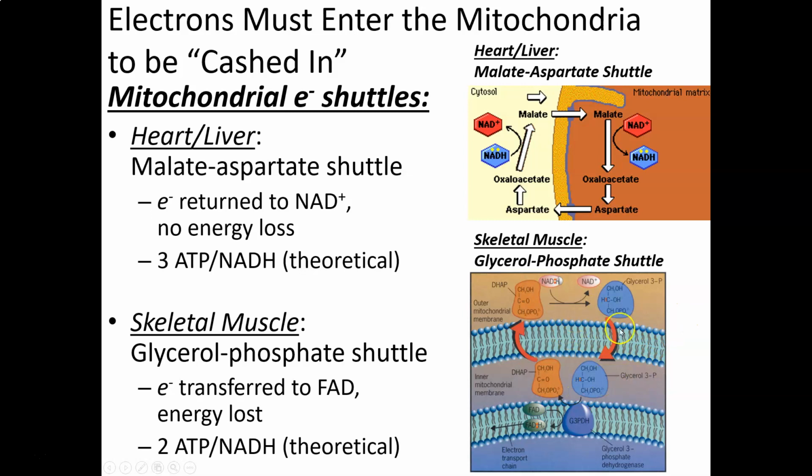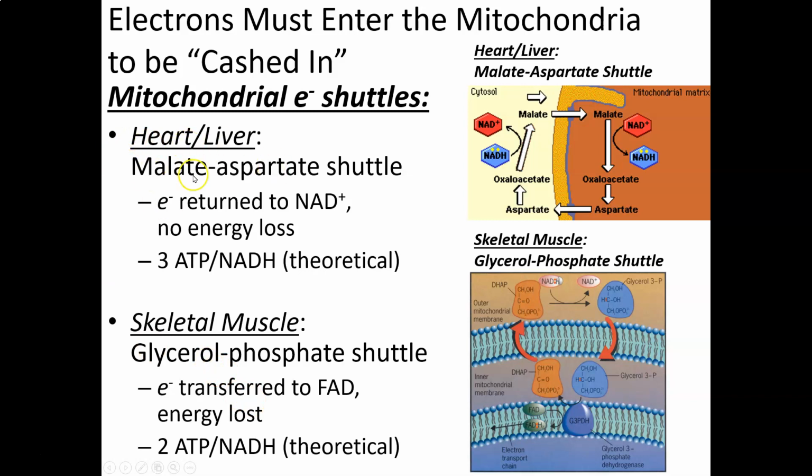It's willing to pay 1 energy unit, basically 1 ATP, to be able to get that energy made into ATP right now, instead of waiting for a concentration gradient where the cell may not need that energy and doesn't really care if you make as much. So that's the glycerol phosphate shuttle that occurs in skeletal muscle.